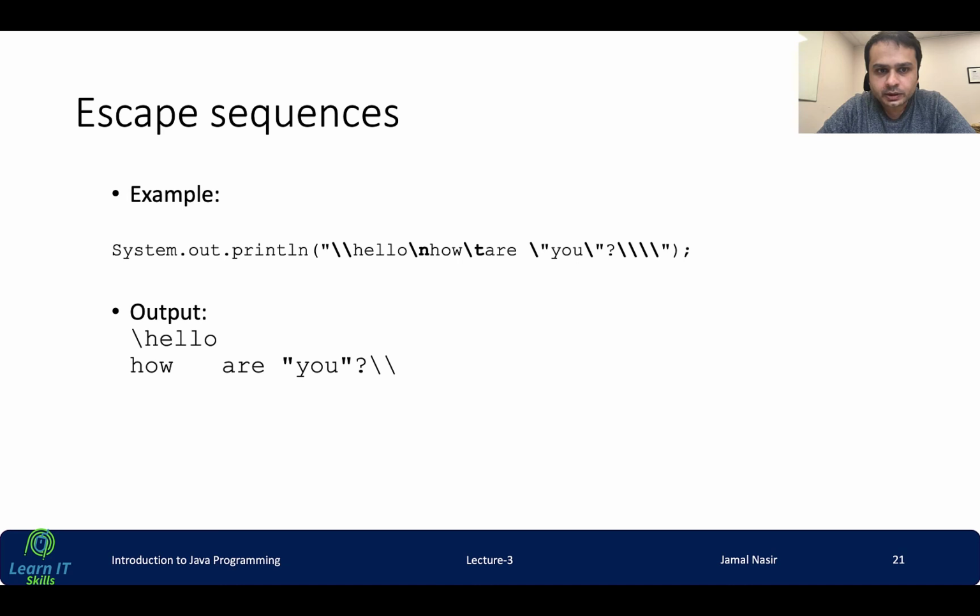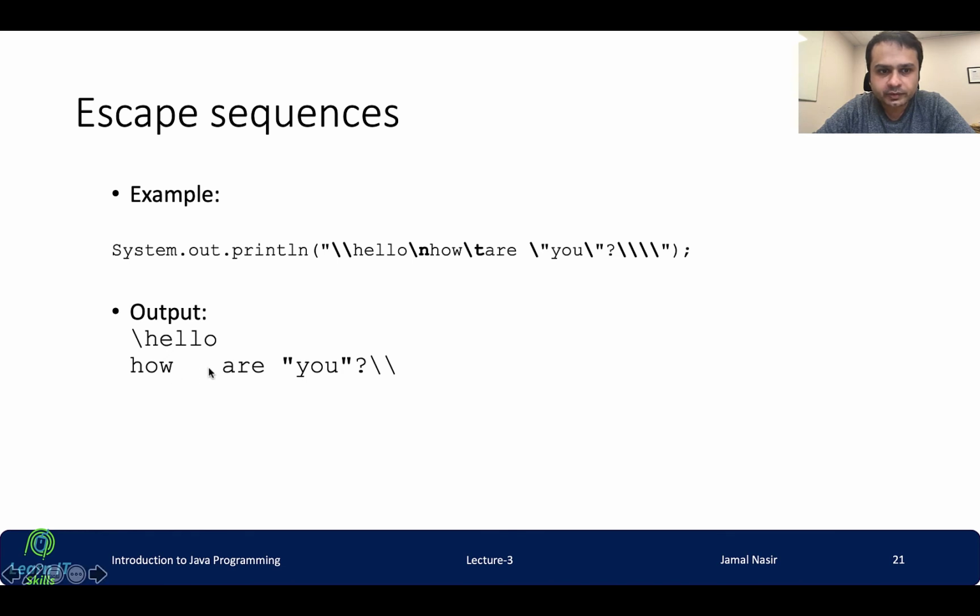So yeah, the output would be like this, because first two backslashes mean only one \, then hello, then we are using the new line escape sequence. That's why the cursor is going to the next line. Then \t, which is the tab escape sequence.